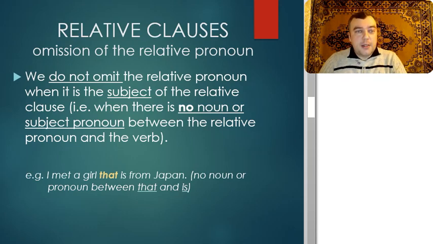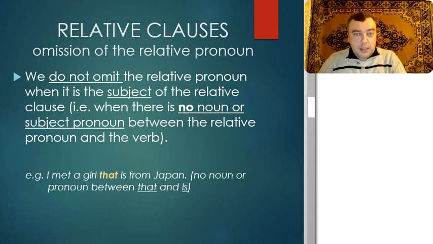We do not omit the relative pronoun when it is the subject of the relative clause. That's to say, when there is no noun or subject pronoun between the relative pronoun and the verb. Let's view an example in order to see how this works. I met a girl that is from Japan. So we have the relative pronoun that, and following it we have the verb of the relative clause, and the verb is.